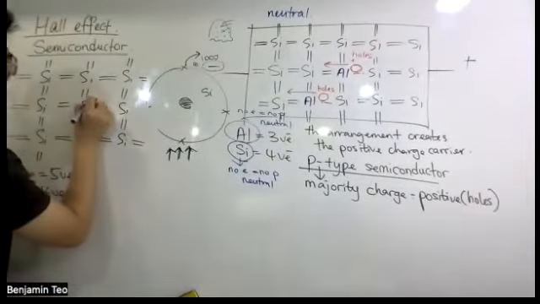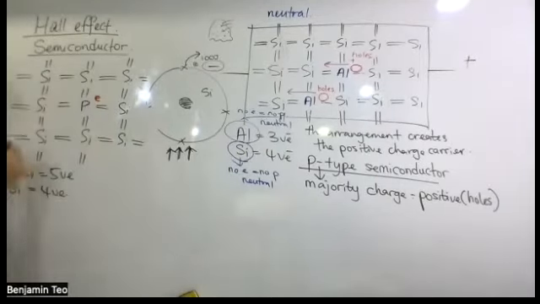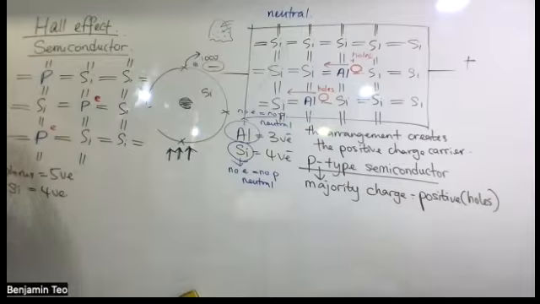I put it here. This extra automatically becomes a conduction electron. I add another phosphorus atom, I get another conduction electron. I add another one, I get another conduction electron.